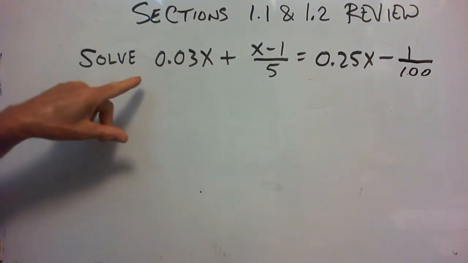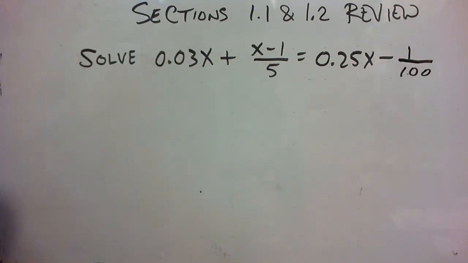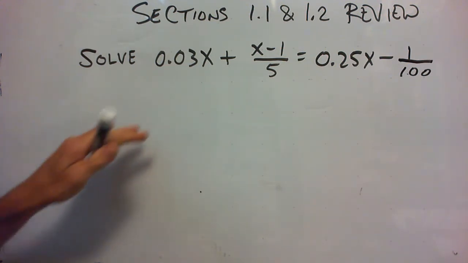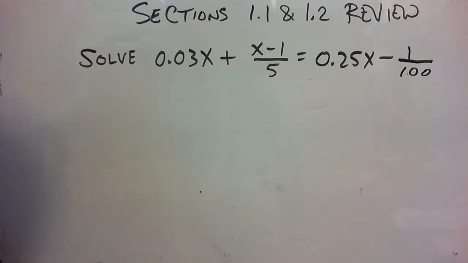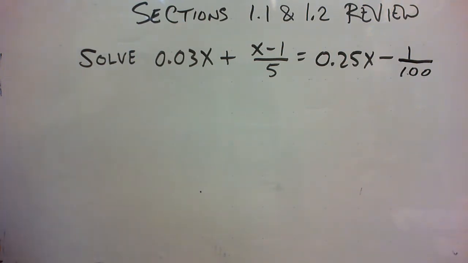Okay, in the next problem, we have a linear equation that has not only fractions in it, but decimals. And here, you've got double the trouble, but we can get rid of both the decimals and the fractions in a similar manner as we did in the last problem, multiplying both sides by the correct number that will eliminate both the decimals and fractions.